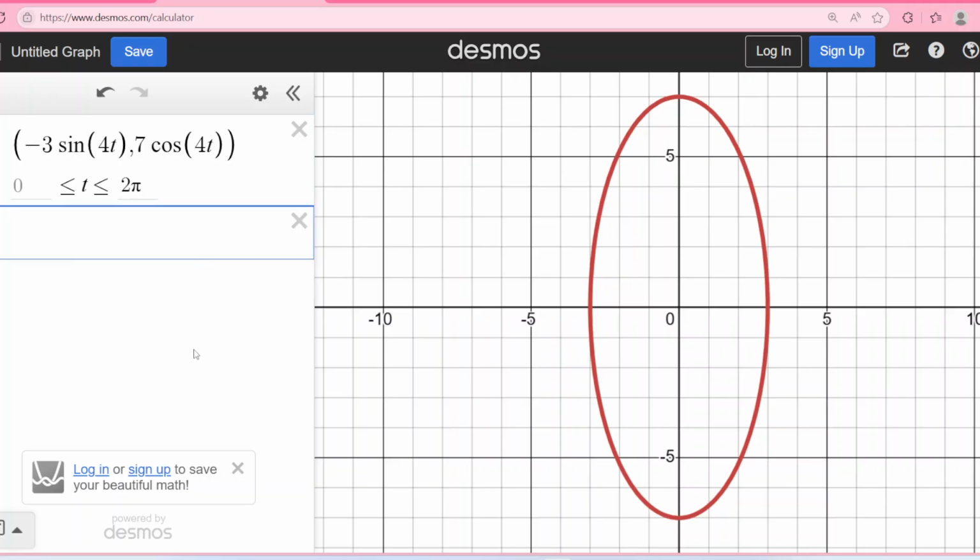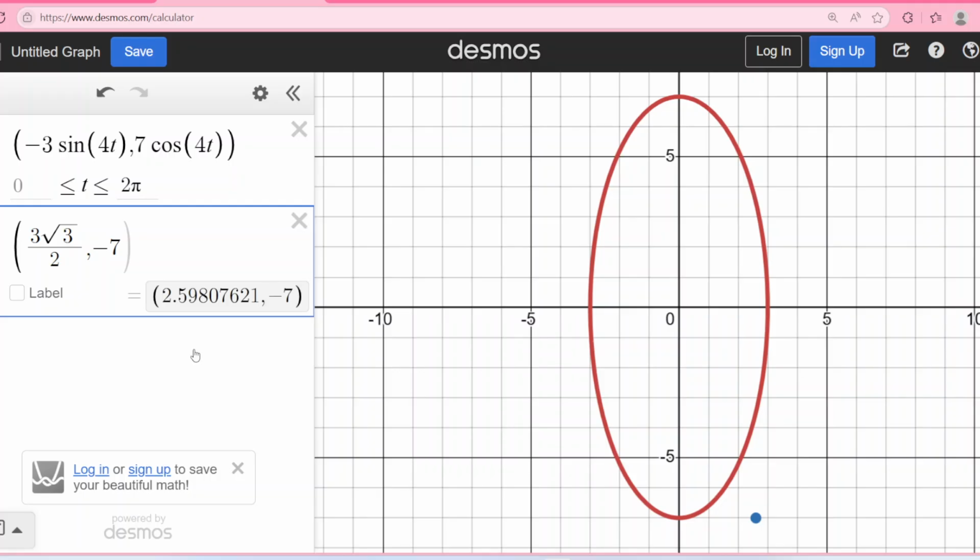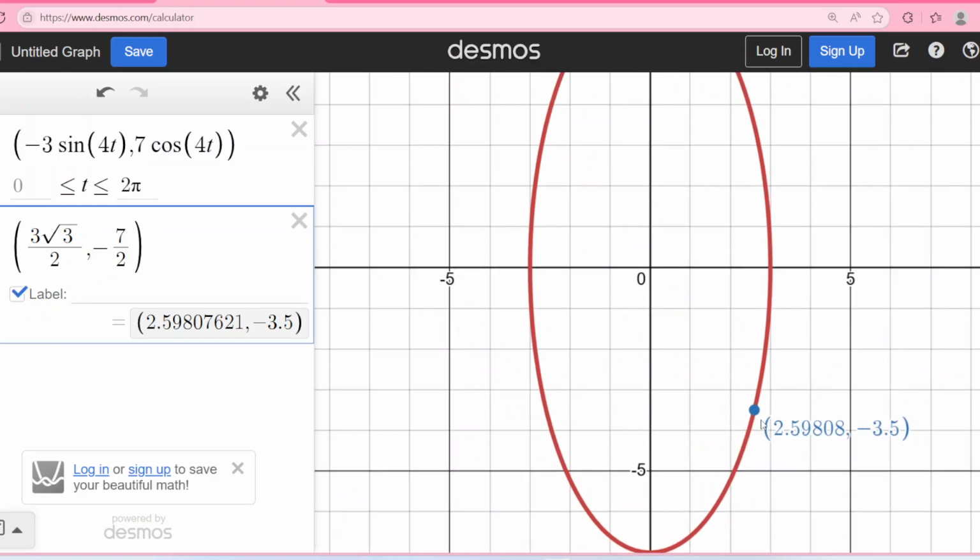Now, when t was pi over 3, I said here was the point we should be at: 3 square root of 3 divided by 2 for the x coordinate, comma, and then -7/2 for the y coordinate. I'll label this, and it labels it with decimals and stuff, but that is clearly on the curve, right?